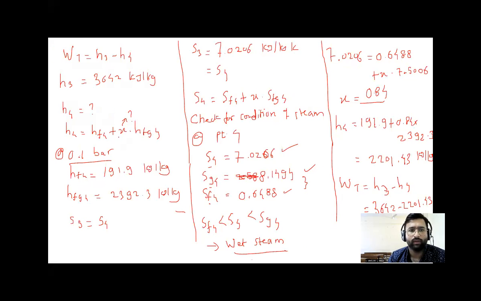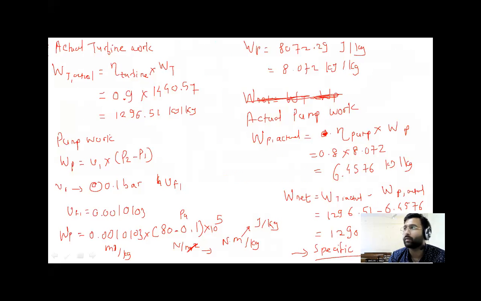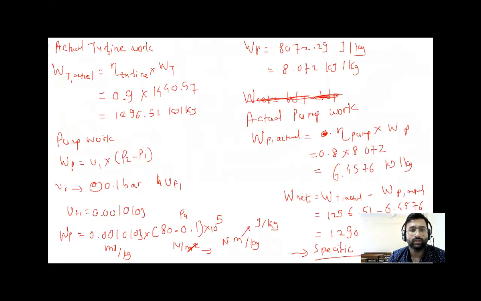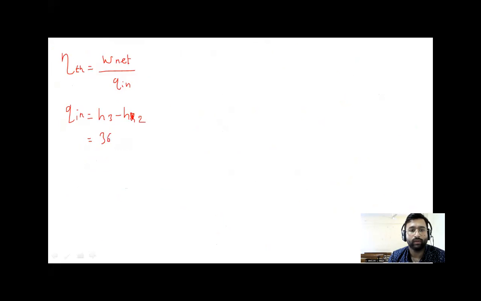How to calculate efficiency? W net divided by Q in. Q in is how much? Equal to H3 minus H2. H3 they have given, that is 3642. Sorry, H2. H3 was already calculated. How much is given? 3642 minus H2.